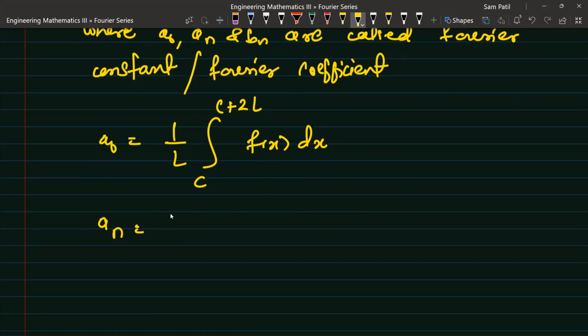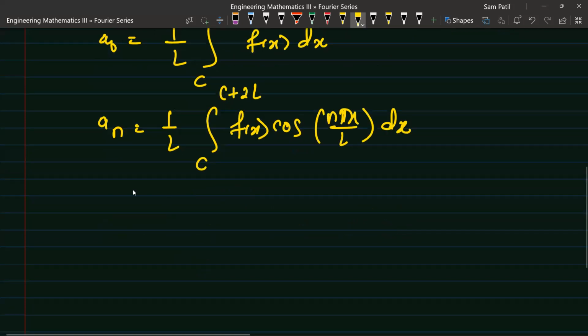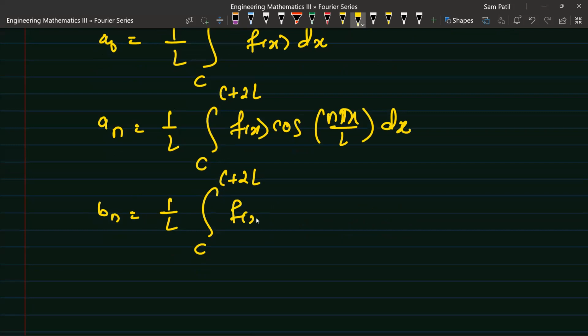An is nothing but 1 upon L, integration c to c plus 2L of f(x) into cos of n pi x upon L dx. And what is bn? Bn is 1 upon L, integration c to c plus 2L of f(x) sine of n pi x upon L dx. That's it.